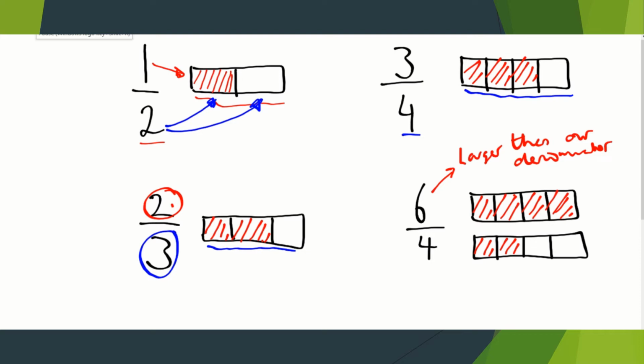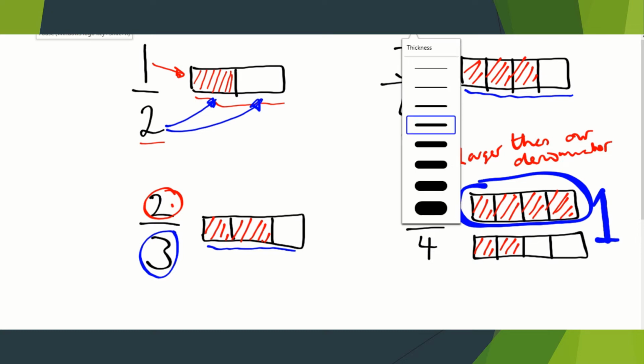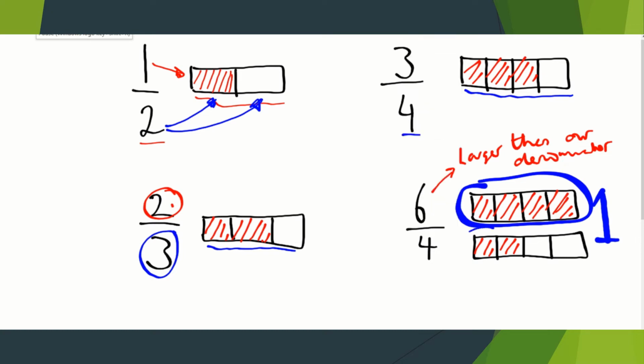Essentially what this means is I have one whole one, which has all been coloured in. One whole. And then in my bottom shape, I have 2 quarters.